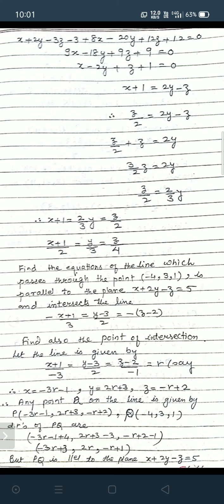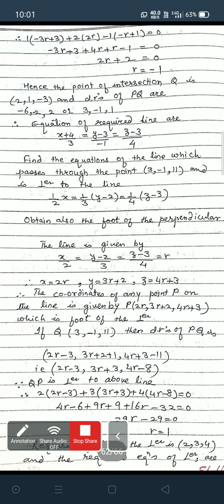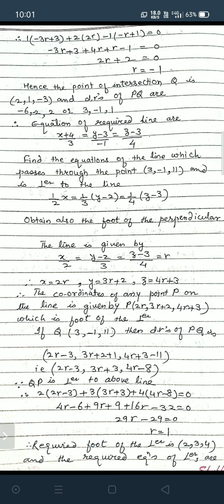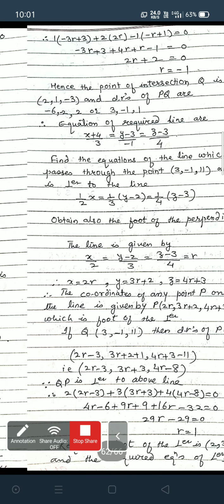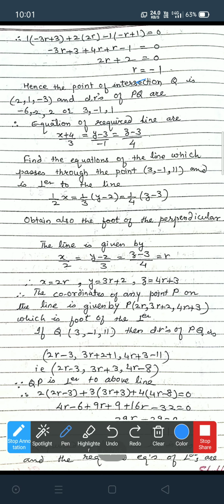And this PQ is parallel to the plane x + 2y - z = 5. Then we get 1 into -3r + 3 plus 2 into 2r minus 1 into -r + 1. So we get r = -1.